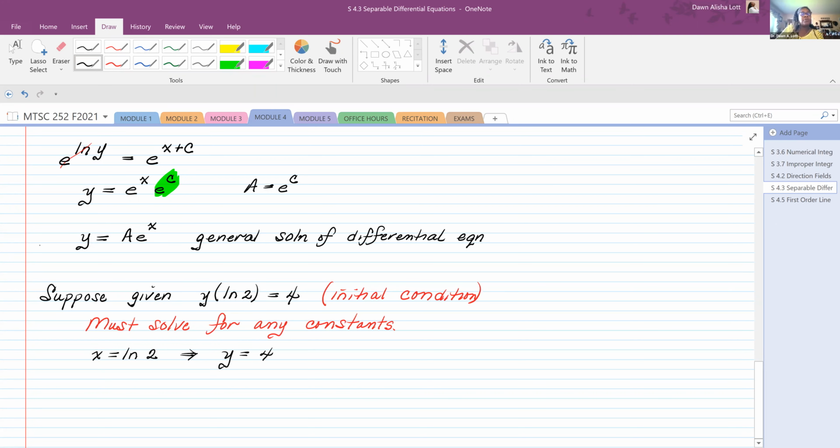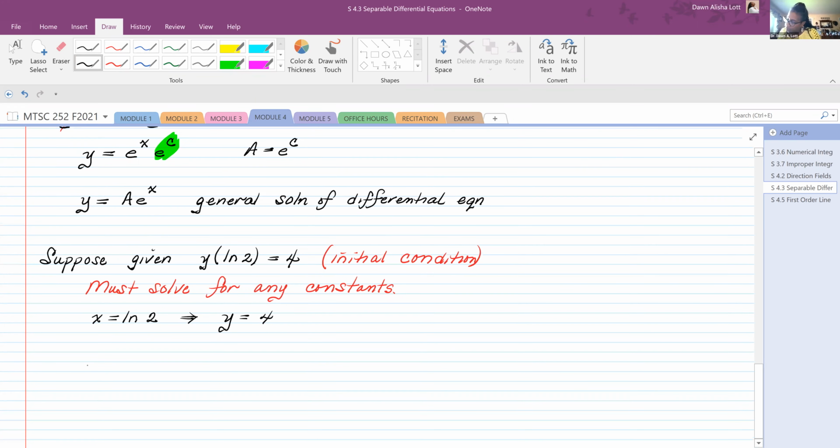So I'm going to go up to my solution and put 4 is equal to a times e, and in the place of x, I'm going to put the natural log of 2. So that gives me 4 is equal to a, e to the natural log, again, they're inverse functions, so I just get 2. That tells me a is 2.